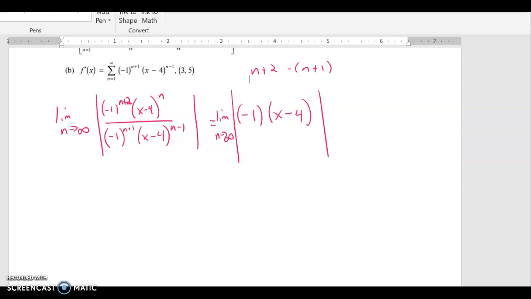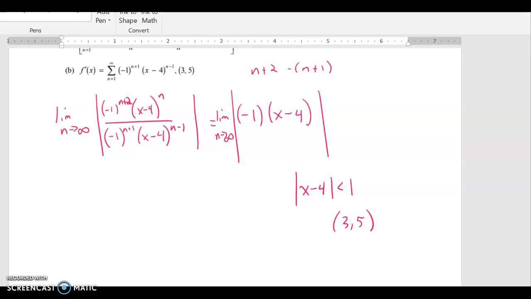And then the absolute value of negative 1 is 1, so we don't have to worry about that guy. And then we end up with the same expression. By the ratio test, as long as that is less than 1, then we have convergence.